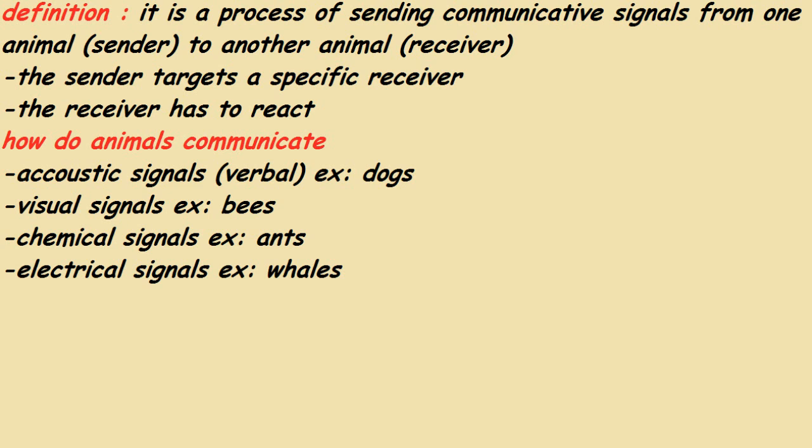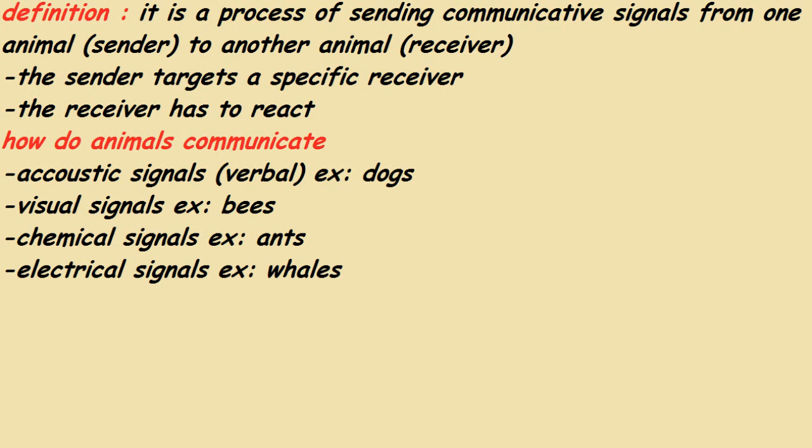Now, with that being said, we will move to how animals communicate, their ways of communication. We have approximately four ways of communication for animals. We have acoustic signals, visual signals, chemical signals, and electrical signals. For the acoustic signals, as I explained, they are verbal, which means they can be heard.